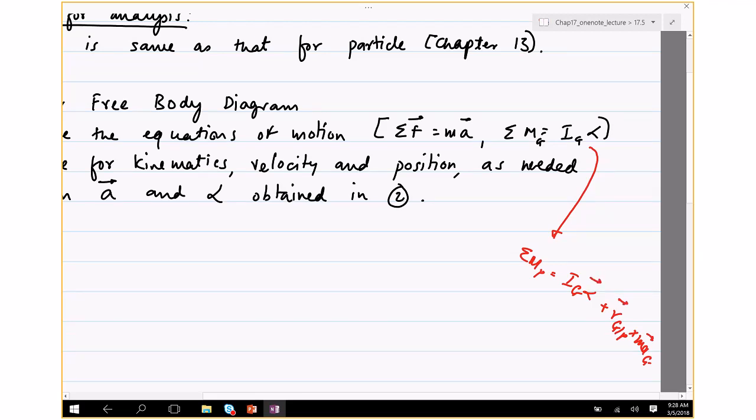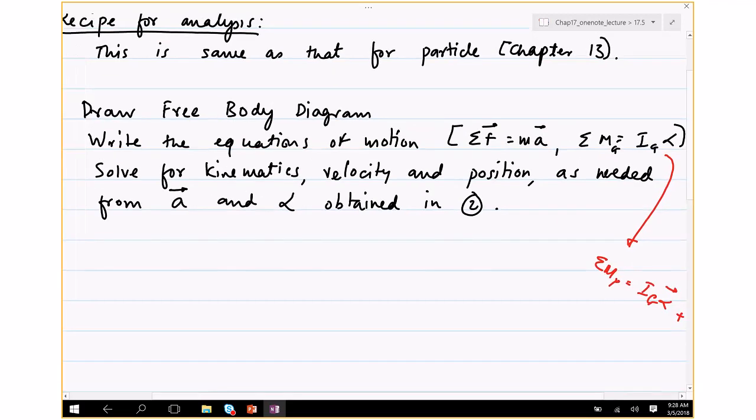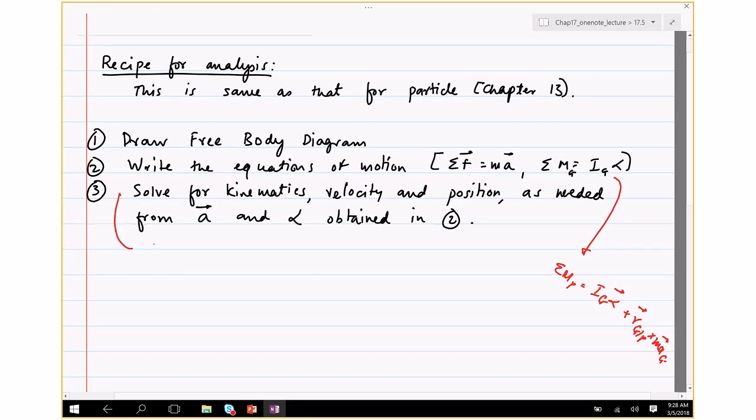It really depends on the question. And then finally, and this is optional, you do the kinematics to solve for position or velocity. Okay, so we'll apply this with a few problems.